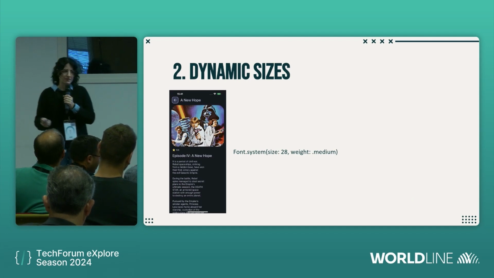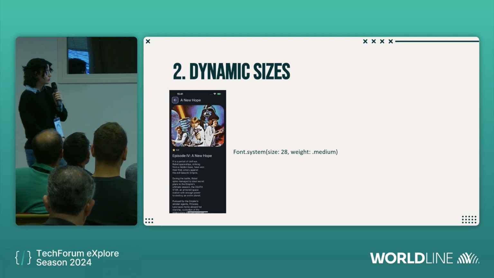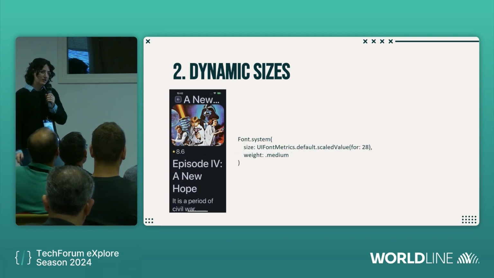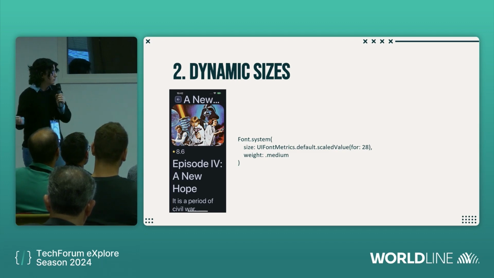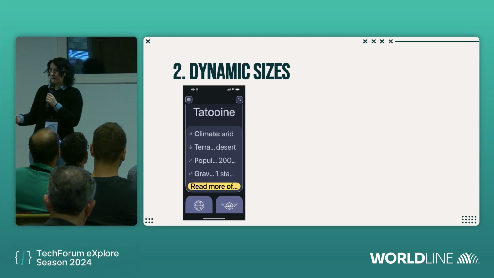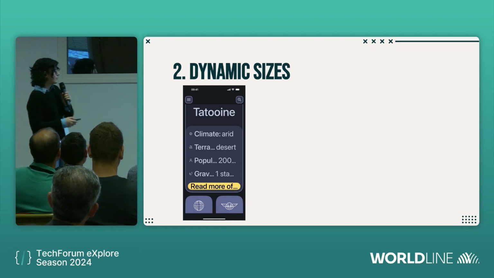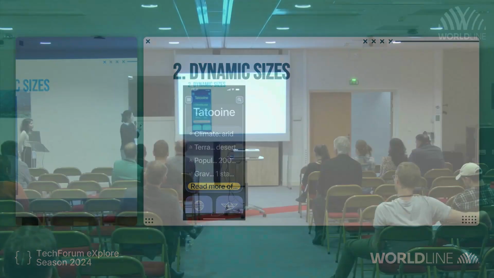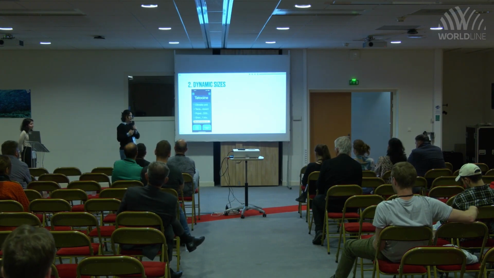Then we have dynamic sizes. This is not done by default in some cases, so you have to make sure your application and your font is scaled. It's just adding a quick text. You're already wrapping everything in a theme, so it will be very easy. But what happens when I just increase the size and forget about it? Here we have examples of what happens if you are not taking dynamic sizes into account and just taking Figma and all the values shown there.